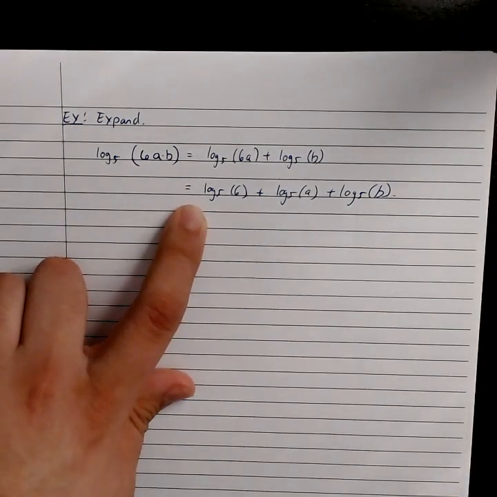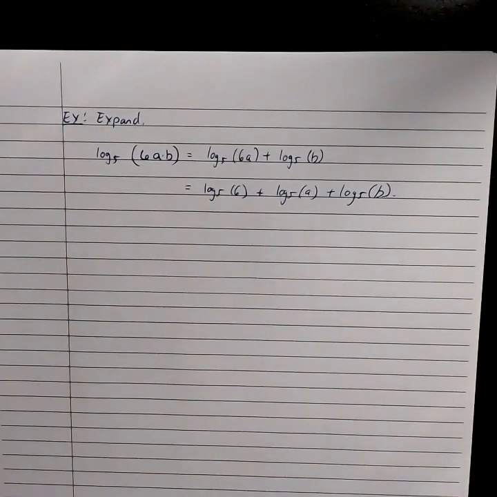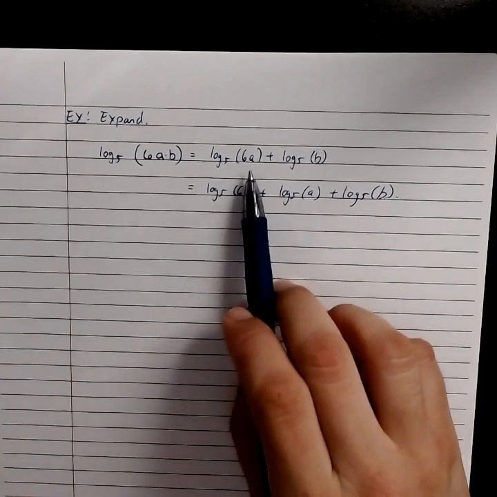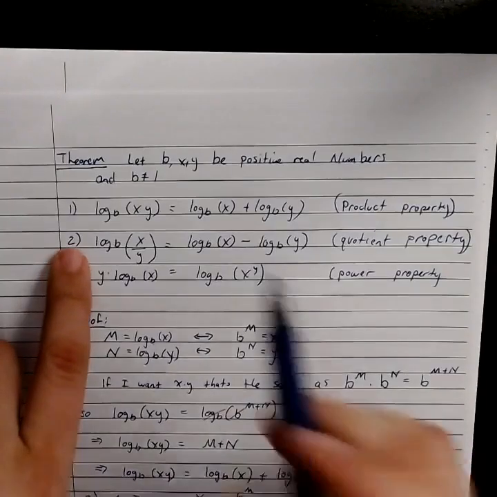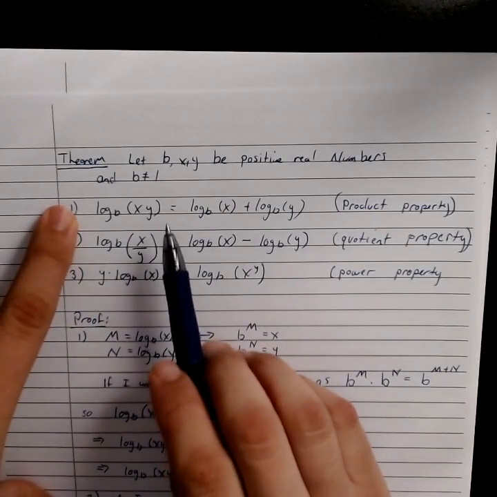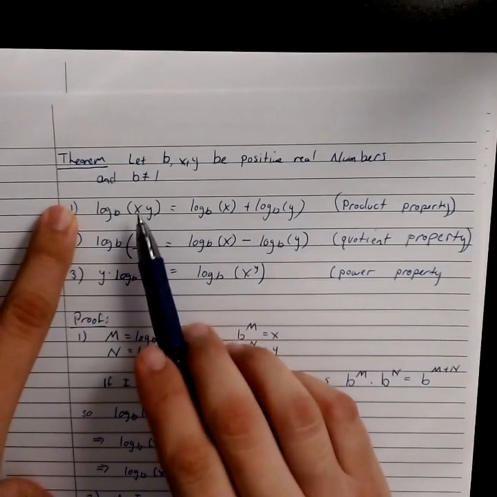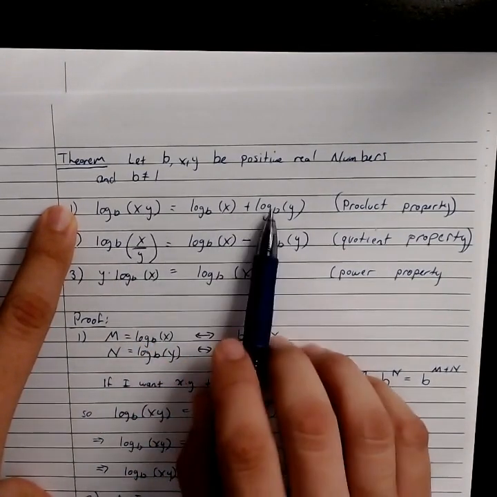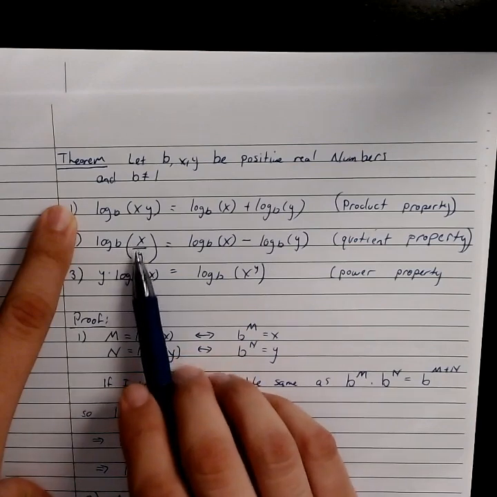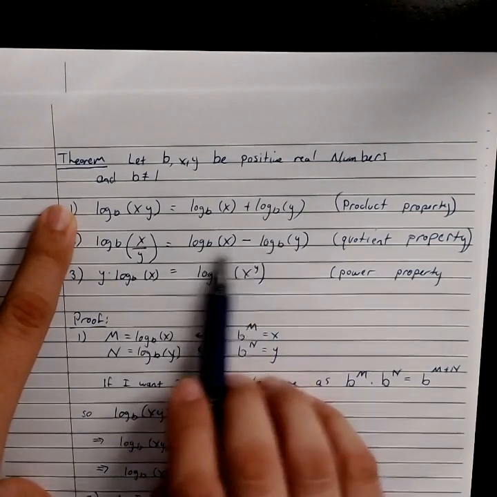And there we go. You might ask, well, how do I know when I'm done? How did I know I wasn't done up here? How did I know there was more to do? These are the only ways you can split apart your logarithms. If you have the product of two things inside the argument, you can split. If you have the quotient of two things inside the logarithm, you can split.